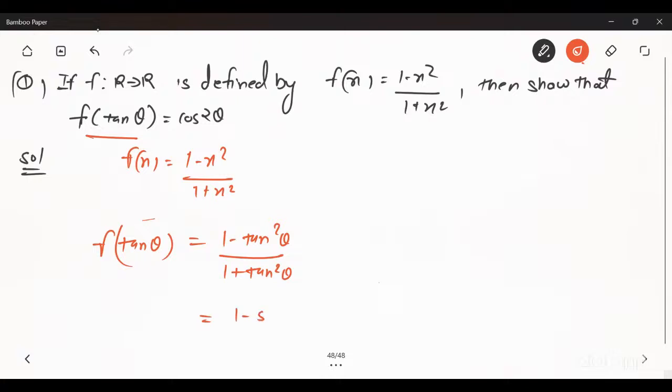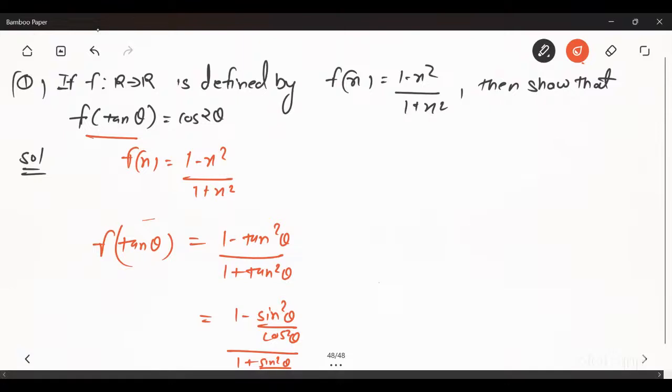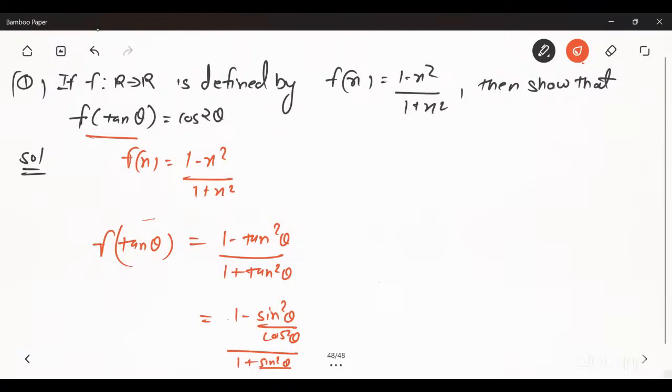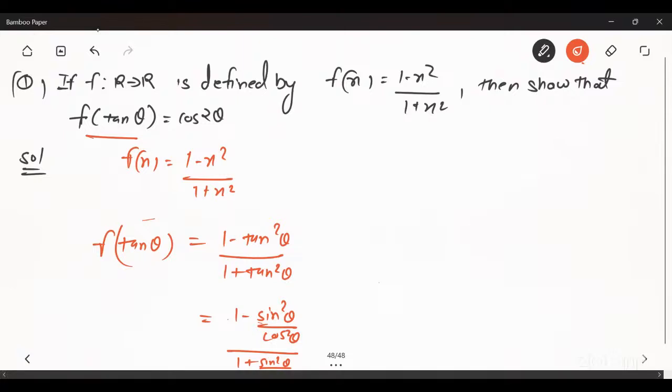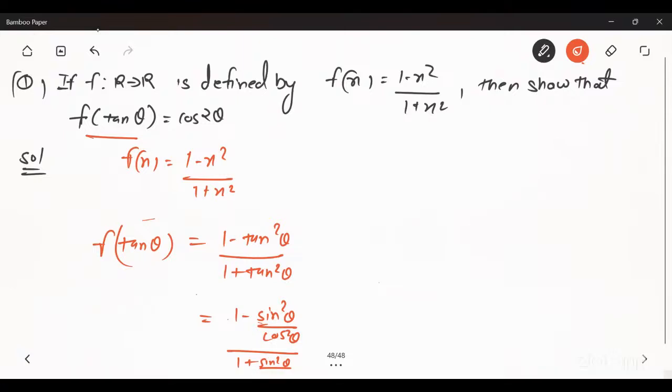So (1 minus sin square theta upon cos square theta) upon (1 plus sin square theta upon cos square theta).